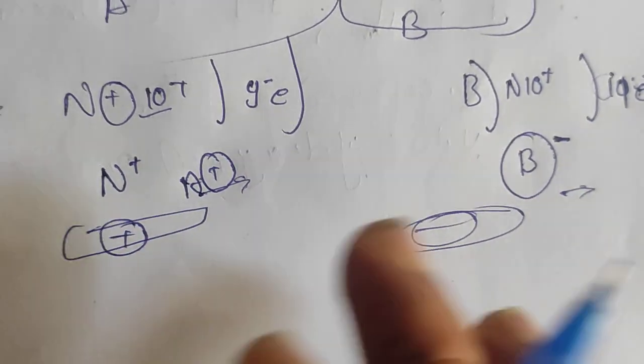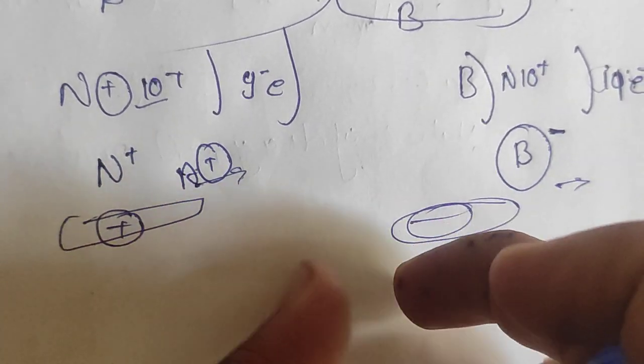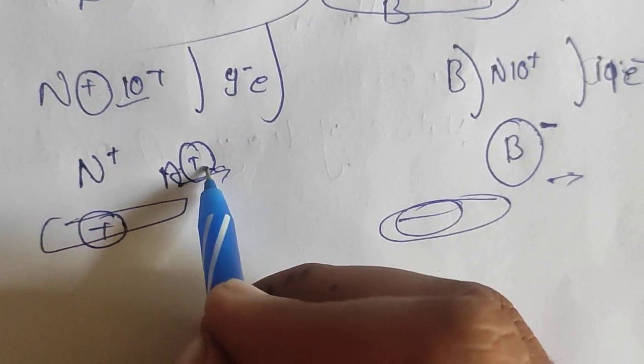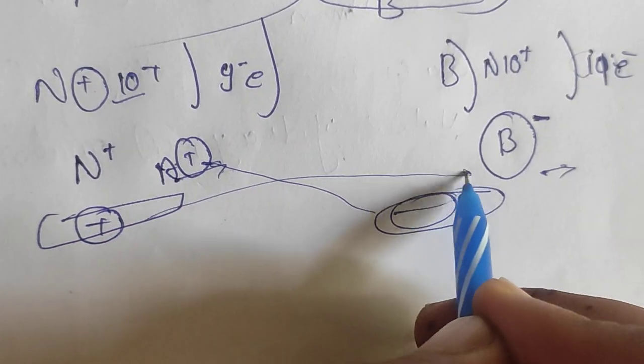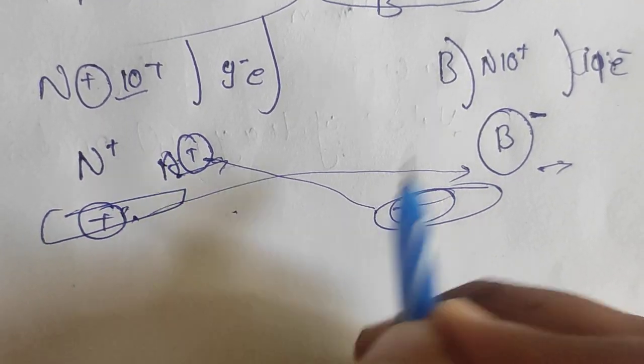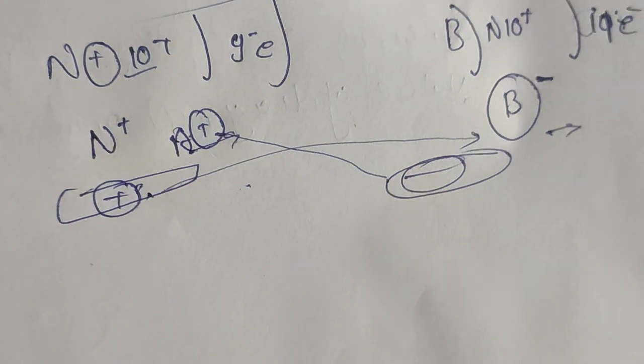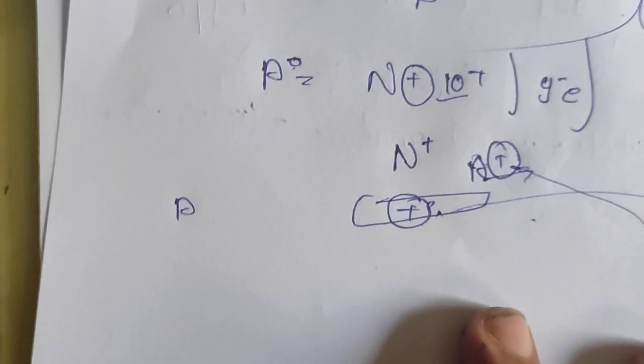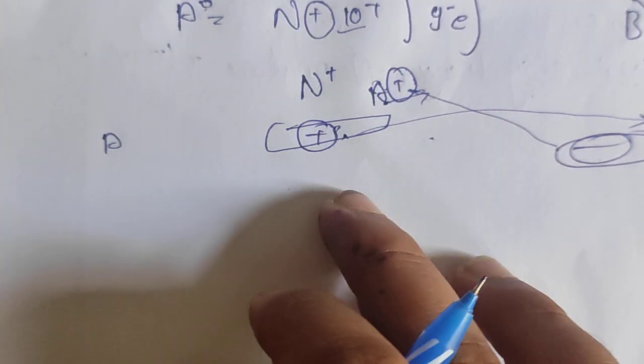If we bring them together, they attract each other because one wants a positive charge and the other wants a negative charge. And now we can understand why positive and positive repel each other.